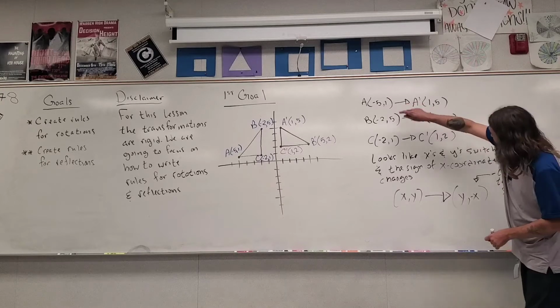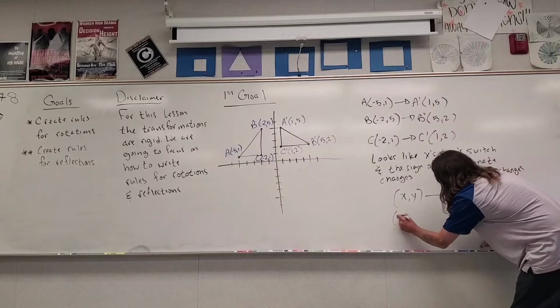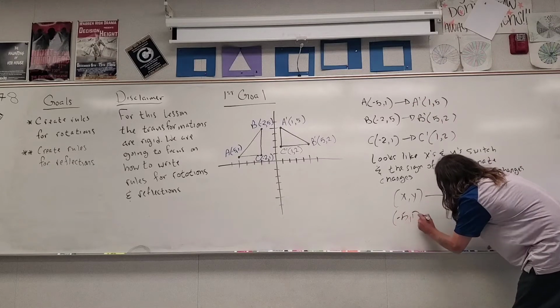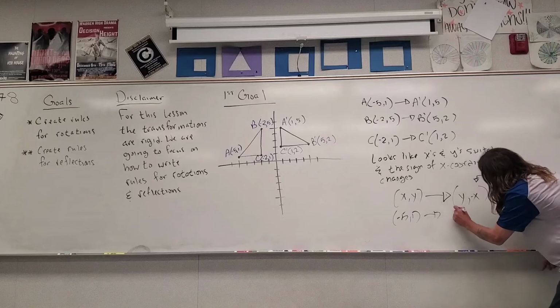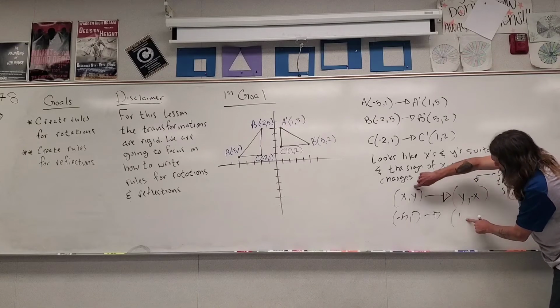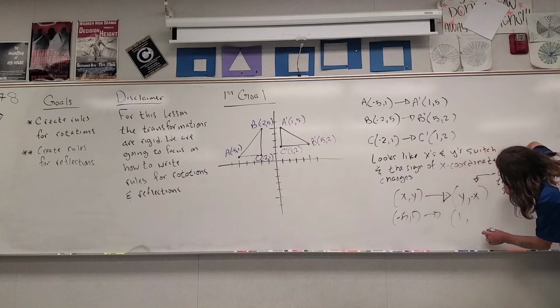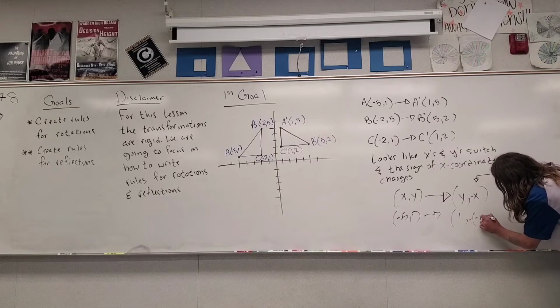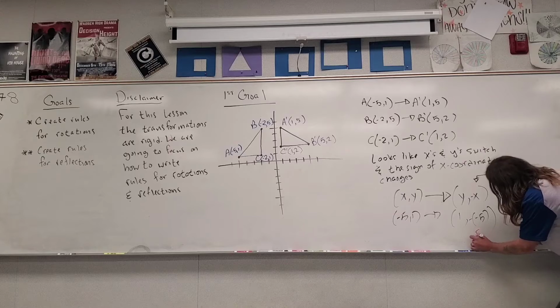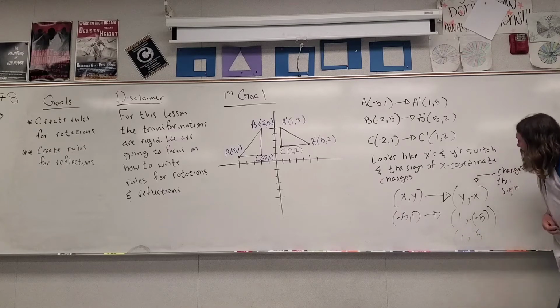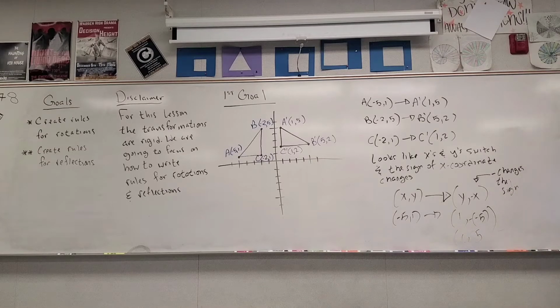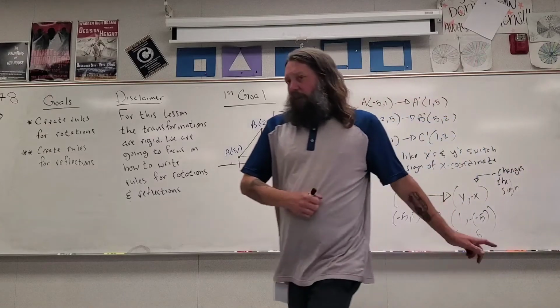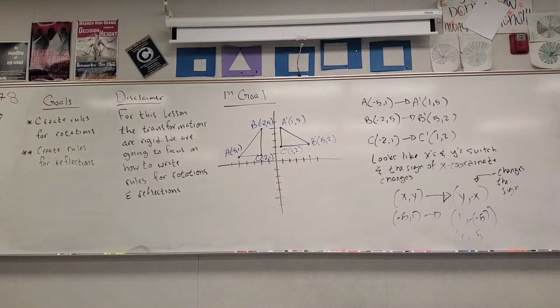So if I was to plug -5, 1 into this, the 1 goes where the y is, right? The -5 goes where the negative x is, but I have a negative there. So negative is going to make that a positive. Make sure that we do that when we're dealing with this.